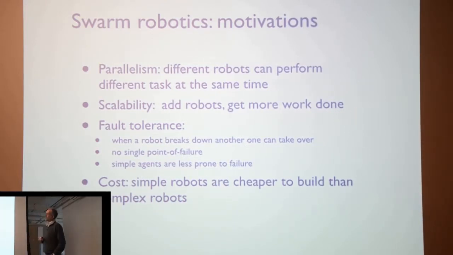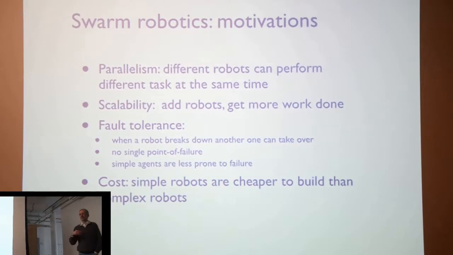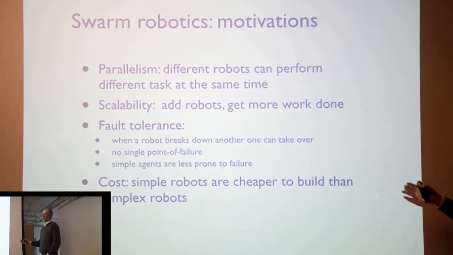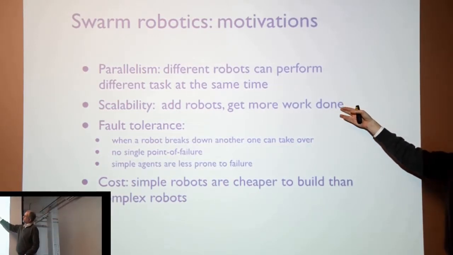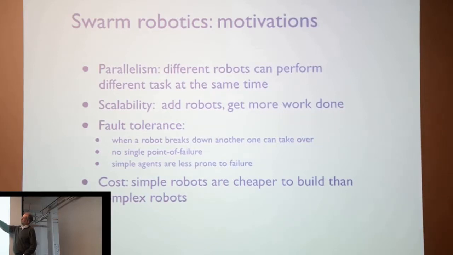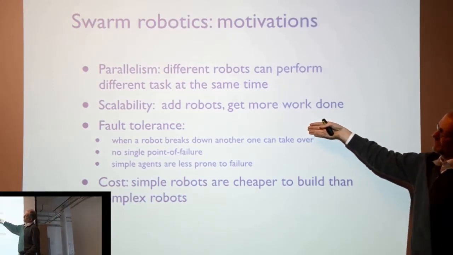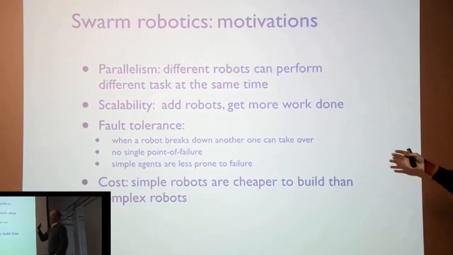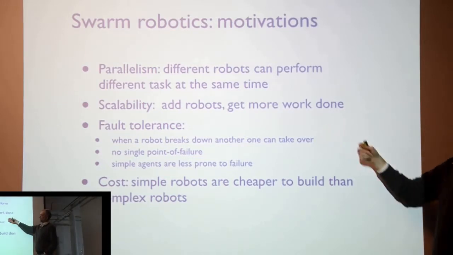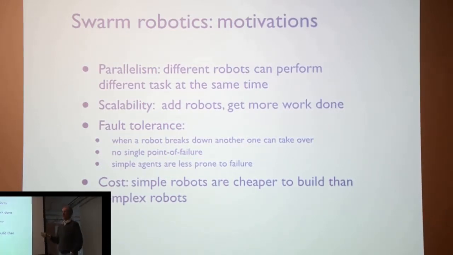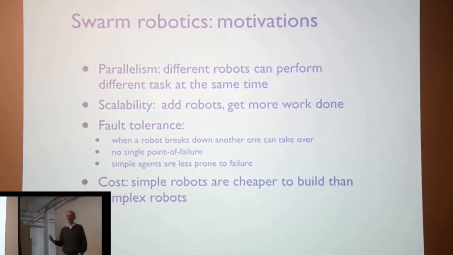We want systems that are scalable. That is, you add more robots, you get more work done. This is one of the reasons why we want to use local information and local communication, to avoid scalability problems. The robotic system has higher probability to be fault tolerant because there is no central point that can break down.